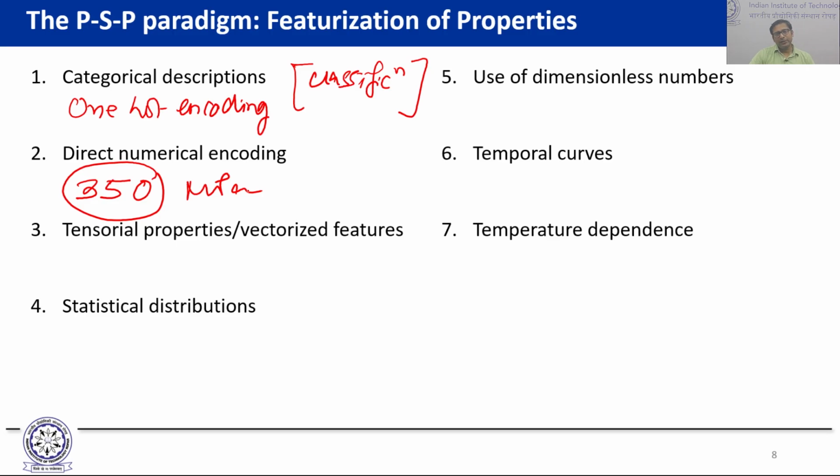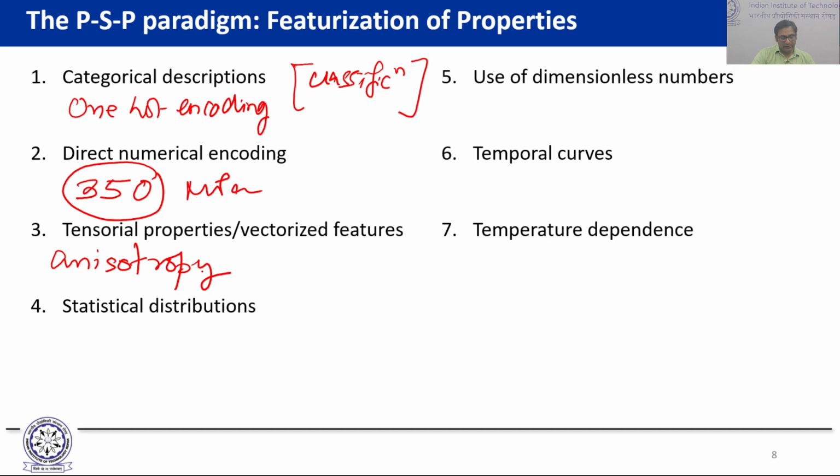Many times the properties of materials are not isotropic. So anytime you have got anisotropy, there the tensorial properties or the vectorized features become important. You might actually have to look at the directionality of the property that you are looking at.